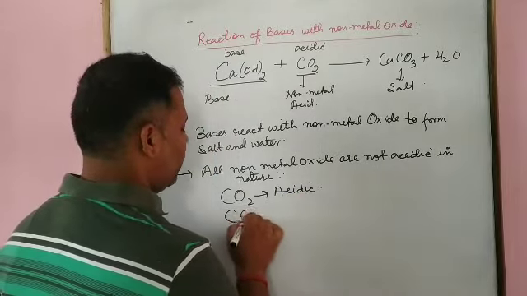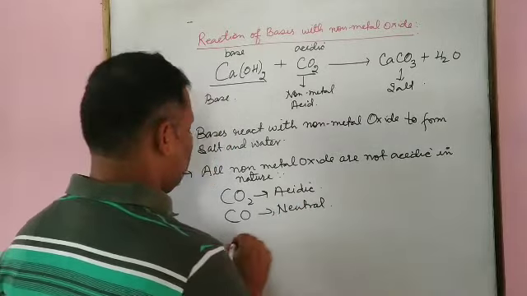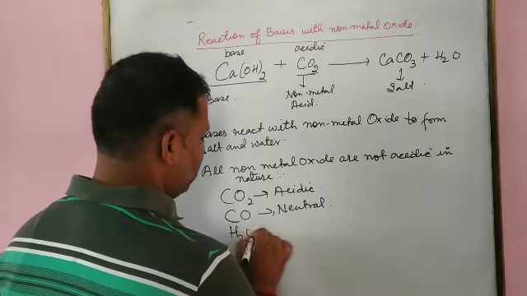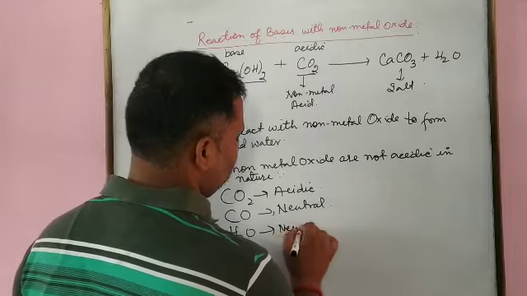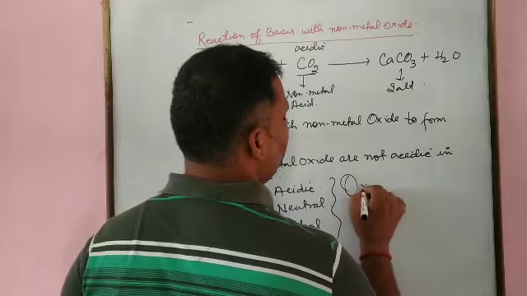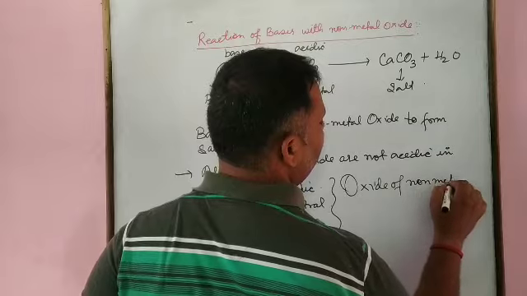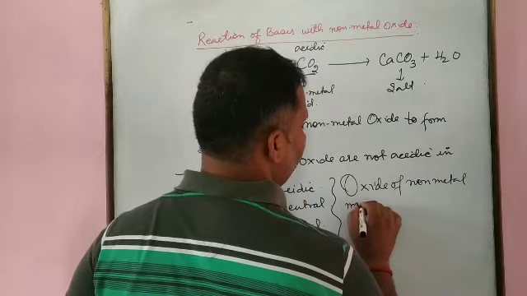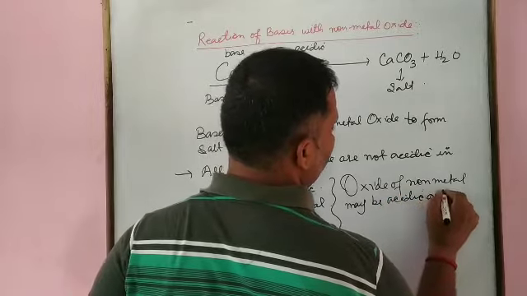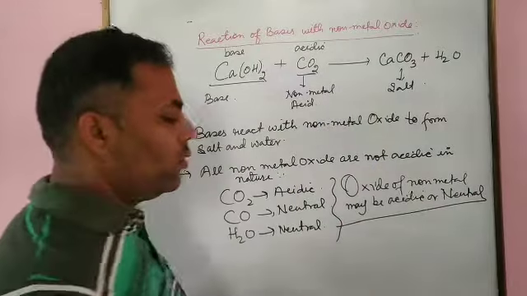The next one, carbon monoxide, is neutral. The next one we will discuss, oxide of hydrogen, is also neutral. That means oxide of non-metal may be acidic or neutral. Clear?